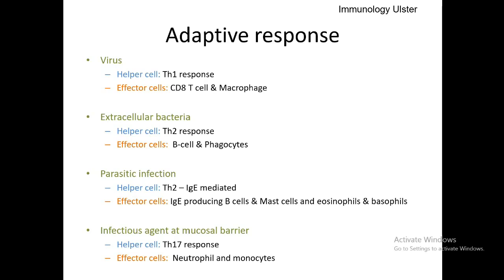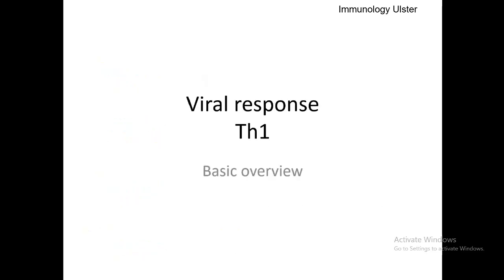Okay, and what the Th17 helper cell will do is stimulate a vast amount of cytokines and chemokines, which will result in an influx of neutrophils and monocytes and other immune cells to try and keep the massive amount of pathogens entering the mucosal barrier at bay, and subsequently will result in the repair of the mucosal barrier. Okay, so that's a sort of very basic look at how we deal with each individual pathogen.